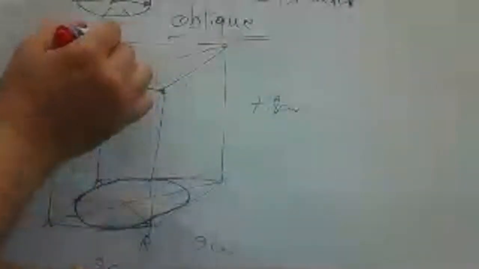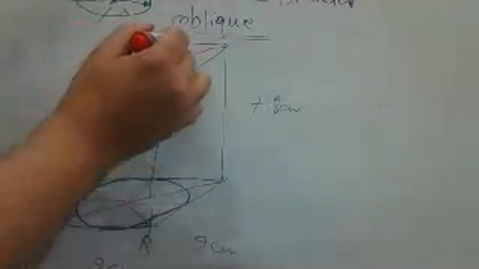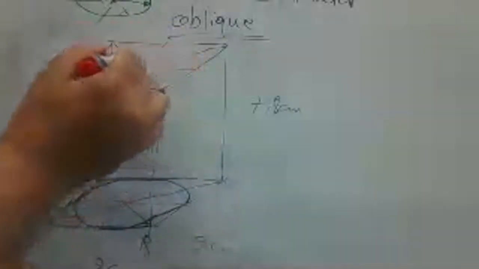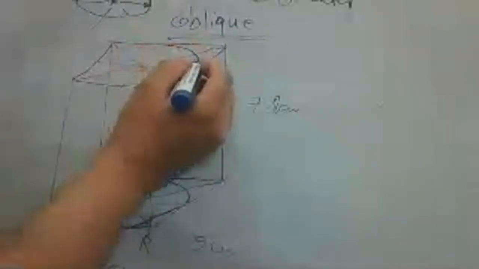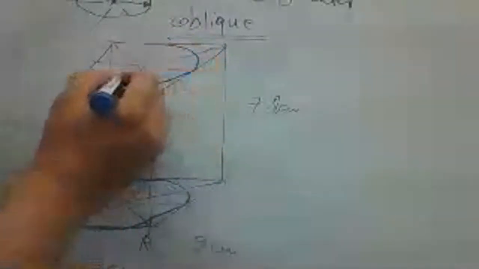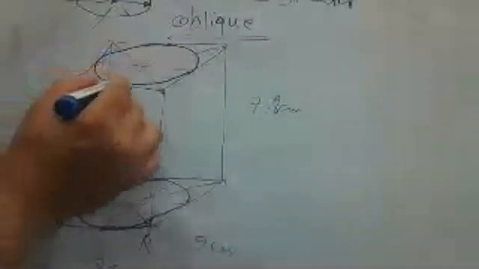This is a red color. Also, the center lines. Okay. And we can draw the pictorial of a circle.